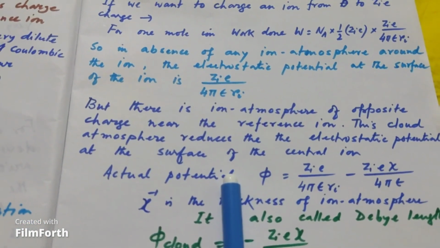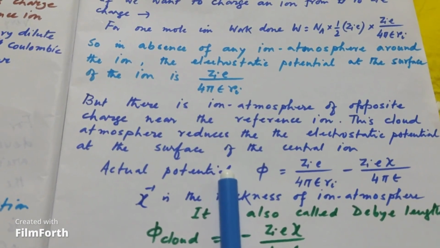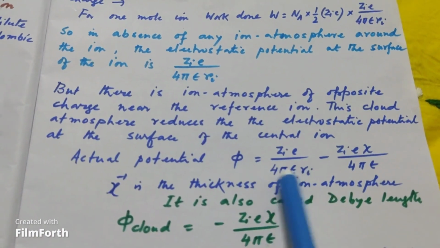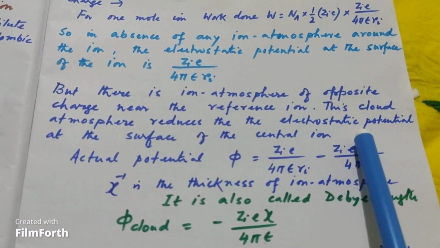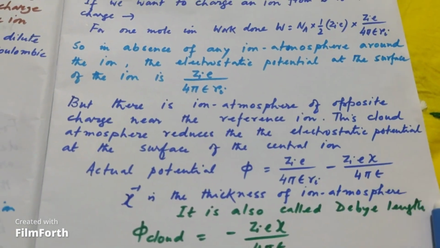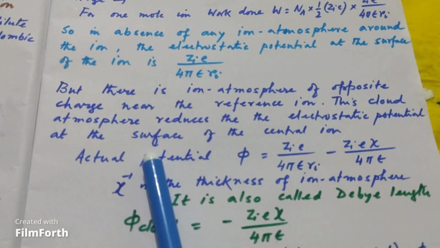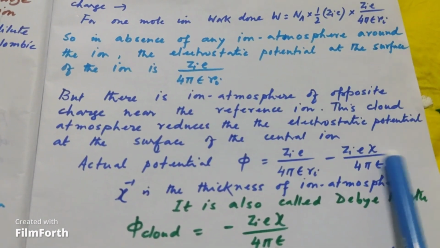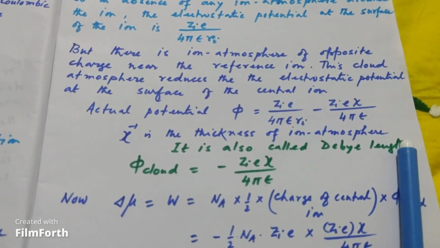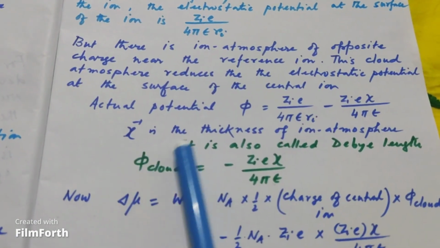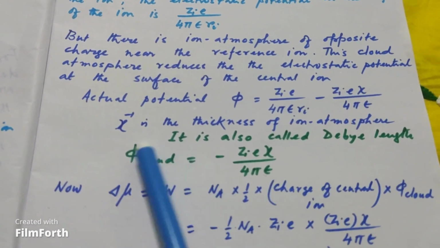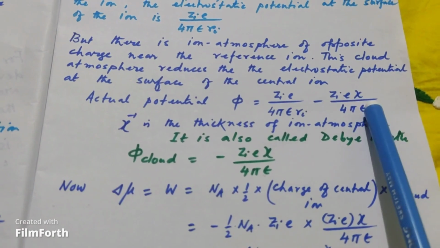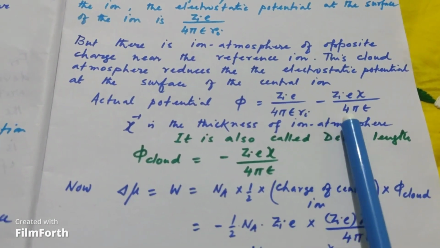The potential experienced by the ion will be a little bit less, and that will be Z_i e by 4 pi epsilon r_i minus Z_i e chi by 4 pi epsilon, where chi inverse, the reciprocal, is the thickness of the atmosphere. We'll come to these parameters later on; it is called the Debye length. Also, the electrostatic potential of the ion atmosphere, phi cloud, is minus Z_i e chi by 4 pi epsilon. How it comes, we'll see in a later video.